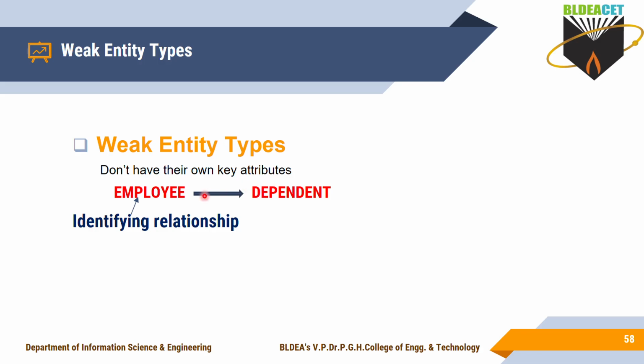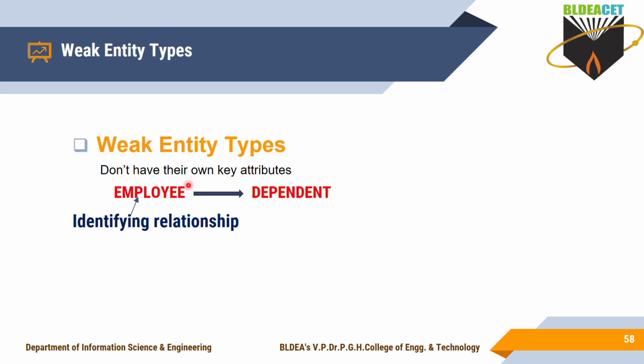So here I have taken the example of employee and dependent. Dependent is what? It is for the policy purpose. All those dependents' names are stored in the dependent entity type. And all the employee related information comes under this employee entity type here. So this dependent, when it exists, is dependent on the employee only.